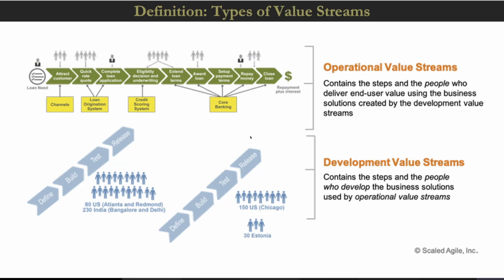In other words, the people that are maintaining the operational value streams would keep the business running. The development value streams would create enhancements, release net new products or services, and you would have teams that follow the defined build, test, and release cycle.